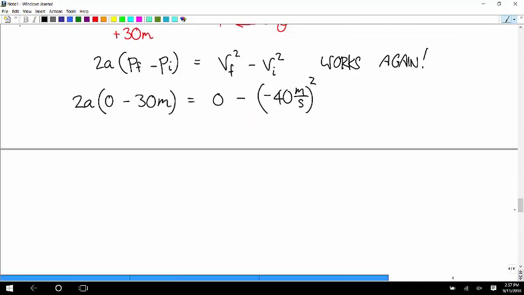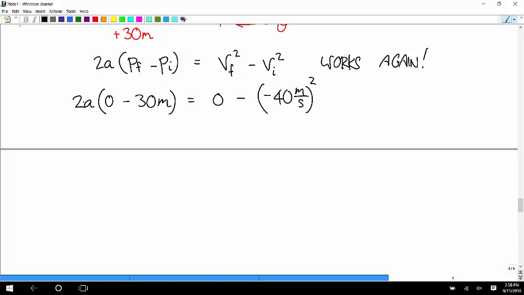And it's important to notice that you're squaring the initial velocity, and the initial velocity is negative 40. So this negative goes inside the parentheses. Okay. That's important because what happens when you square a negative number? You get a positive, so that sign is going to disappear.